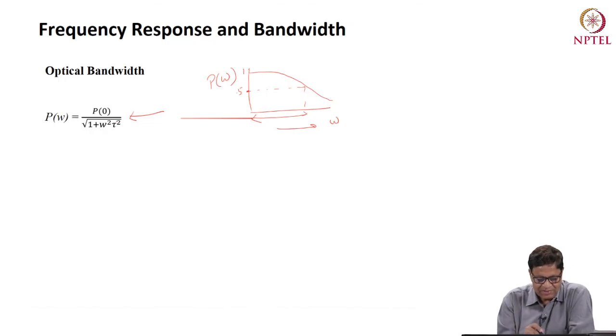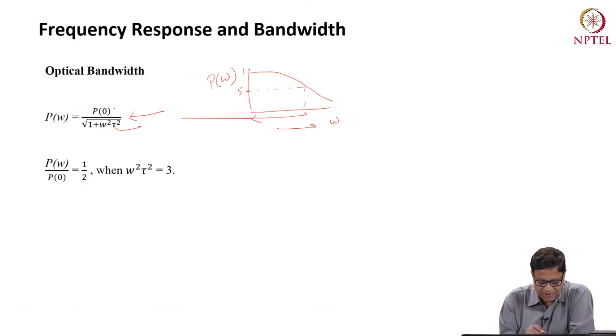So P(omega) is equal to P0 by (1 + omega squared tau squared). This bandwidth depends on tau, which is the bulk recombination time. I'm trying to calculate the optical bandwidth. P(omega) divided by P0 will be half when omega squared tau squared is 3, then 1 plus 3 is equal to 4, square root of 4 is 2, so this will be half.